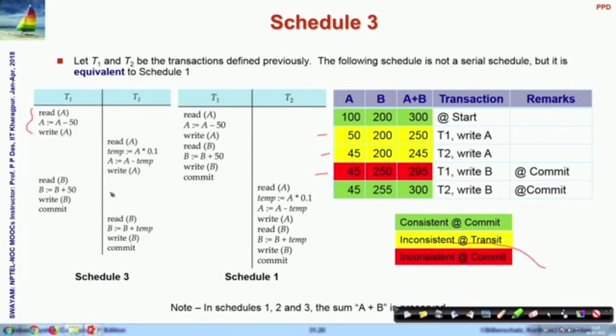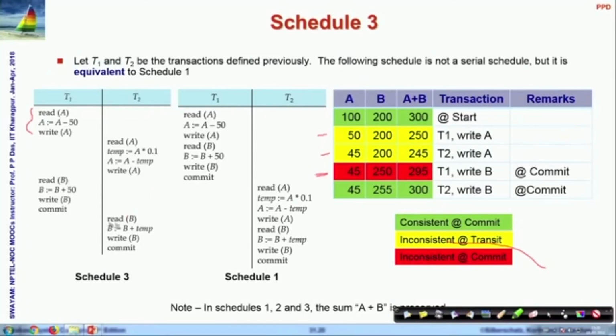Then you have T1 again executing and adding B onto that. It was already in an inconsistent state, but that was transient, that was temporary. But now the transaction T1 has totally completed, it is at its commit, but your database is still in an inconsistent state. This is possible because you are interleaving the instructions of the two transactions in the schedule.